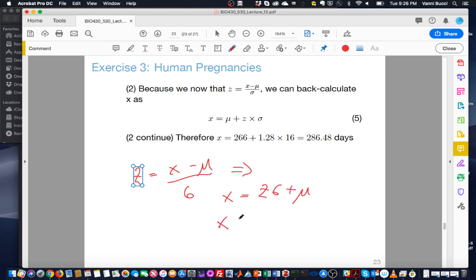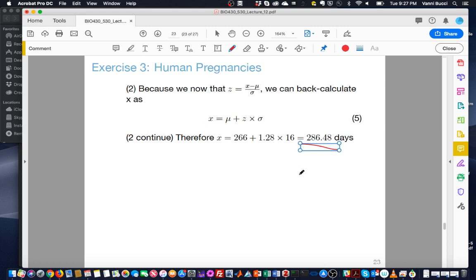So x is equal to what? 1.28 times 16 plus 266, which is equal to 266 plus 20.48. So this value here is the value that corresponds to the top 10%, the 10% longest pregnancies.